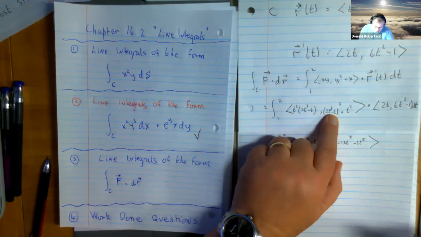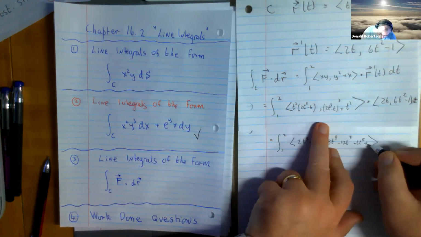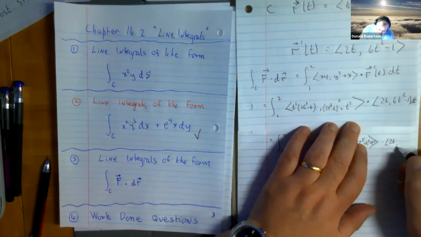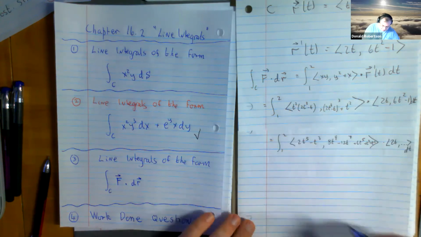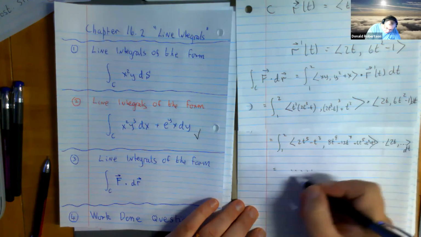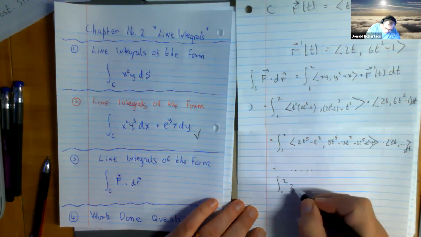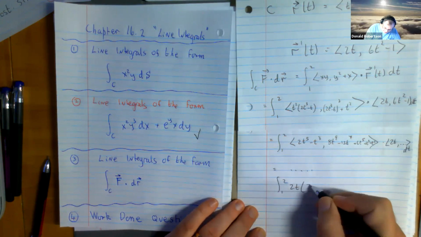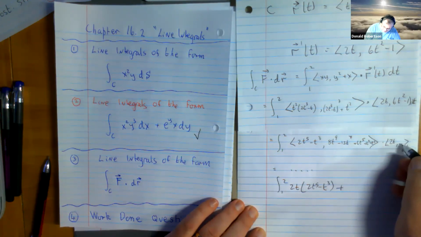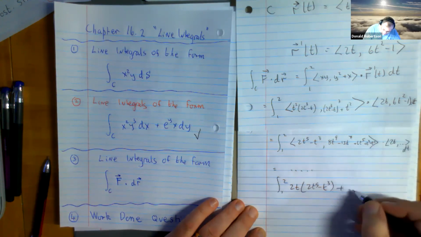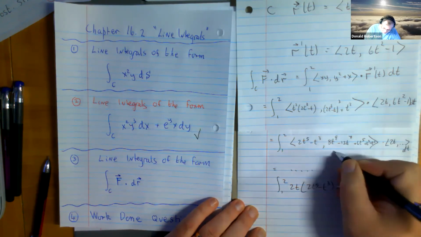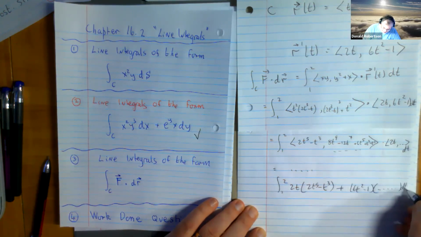That guy will get you a t cubed, and then a t squared. Dot product with this fella and that guy, dt. Okay, I'm ready to dot this thing. Won't you basically do the integral from 1 to 2 of 2t times this guy plus this mess, which is 6t squared minus 1, times that fella, dt.